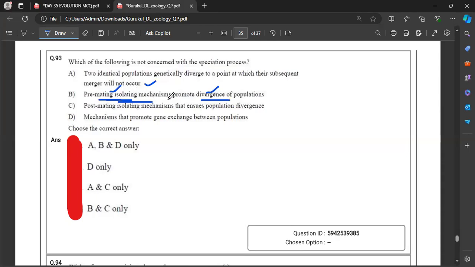This is what the statement is saying. And option C is post-mating isolating mechanisms ensure the population divergence. You have to know which of these two isolating mechanisms promotes the divergence, and the mechanism that promotes gene exchange between the populations.